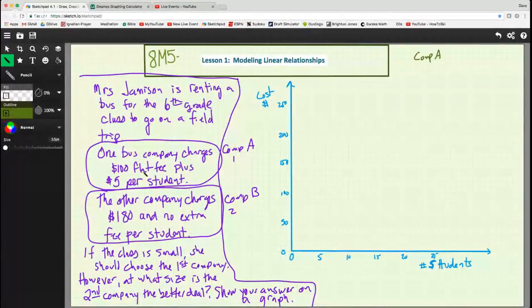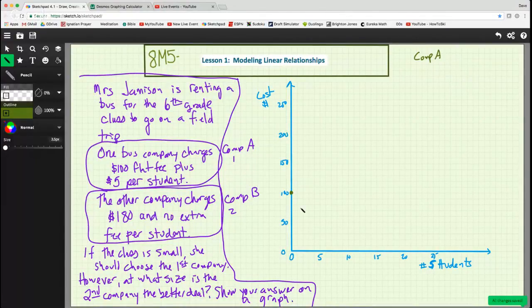And let's see, we have a $100 flat fee, so that could be our starting point, $100. 0 students cost 100. And $5 per student.